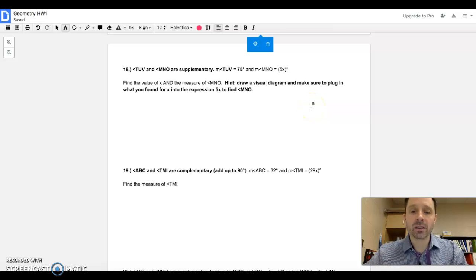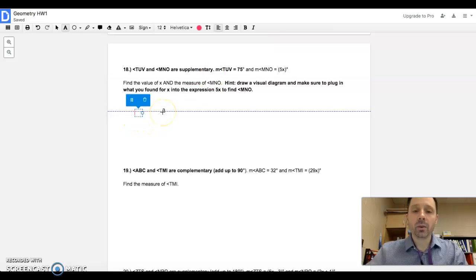It gives it to us as an expression. So we know that if this is supplementary, it's going to add up to be 180. So we'll take the one angle that we know, which is 75, and we're going to add it to the other angle we know, which we know as an expression. It's not giving it to us as an angle.